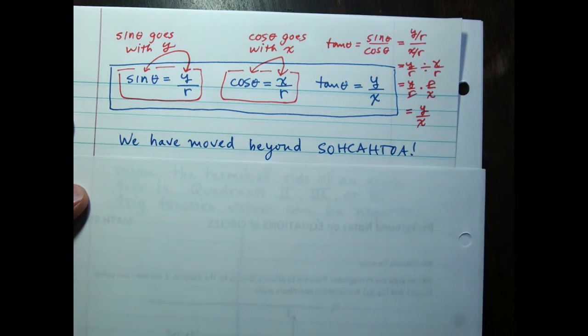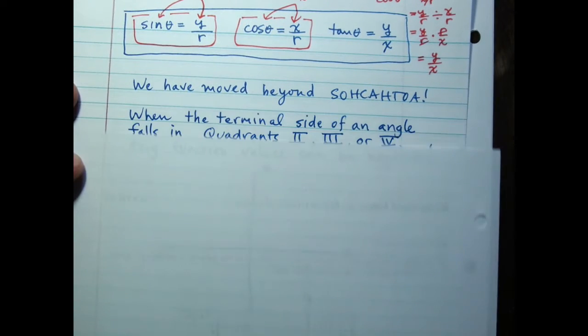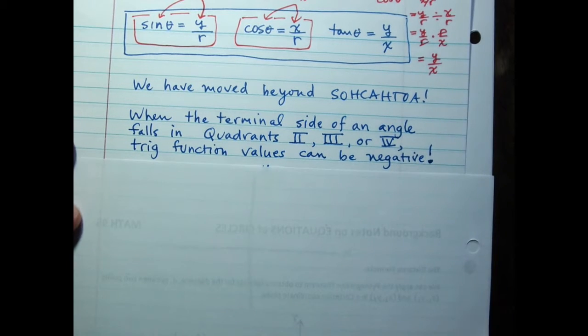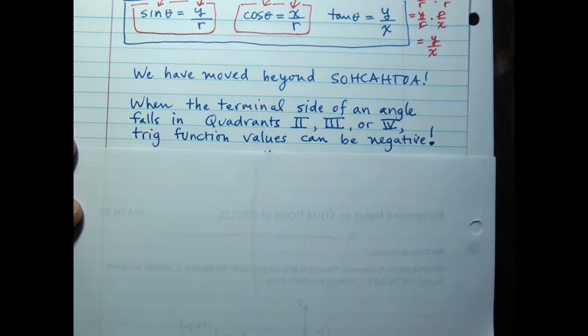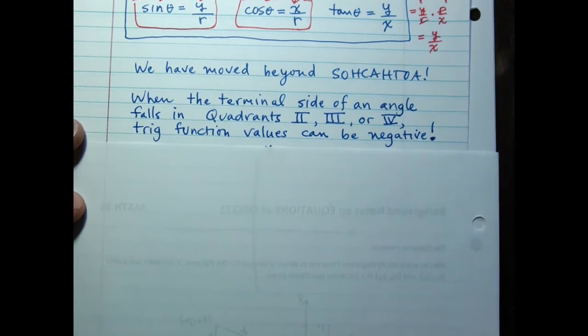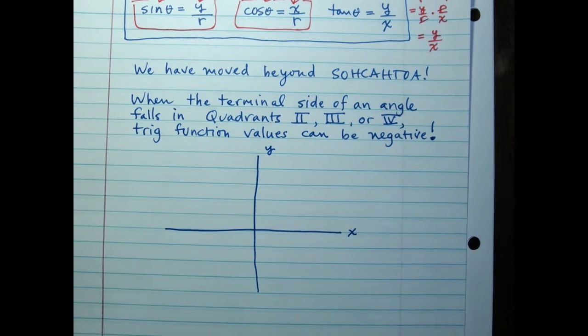All right, now we've moved beyond SOHCAHTOA, and I just want to make this observation again. When the terminal side of an angle falls in quadrants 2, 3, or 4, trig function values can be negative. And I want to draw a picture here.